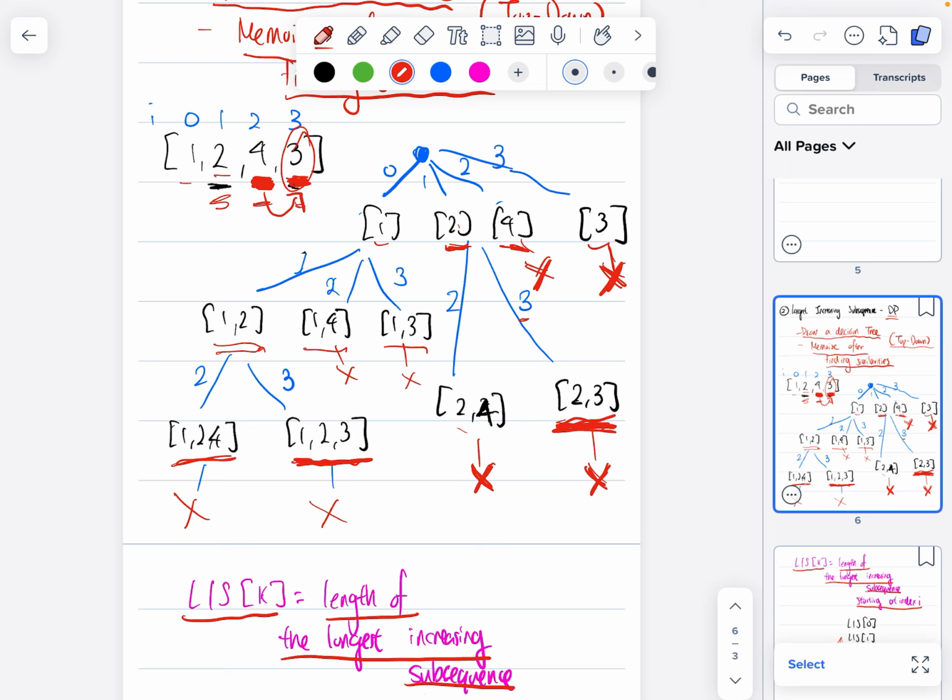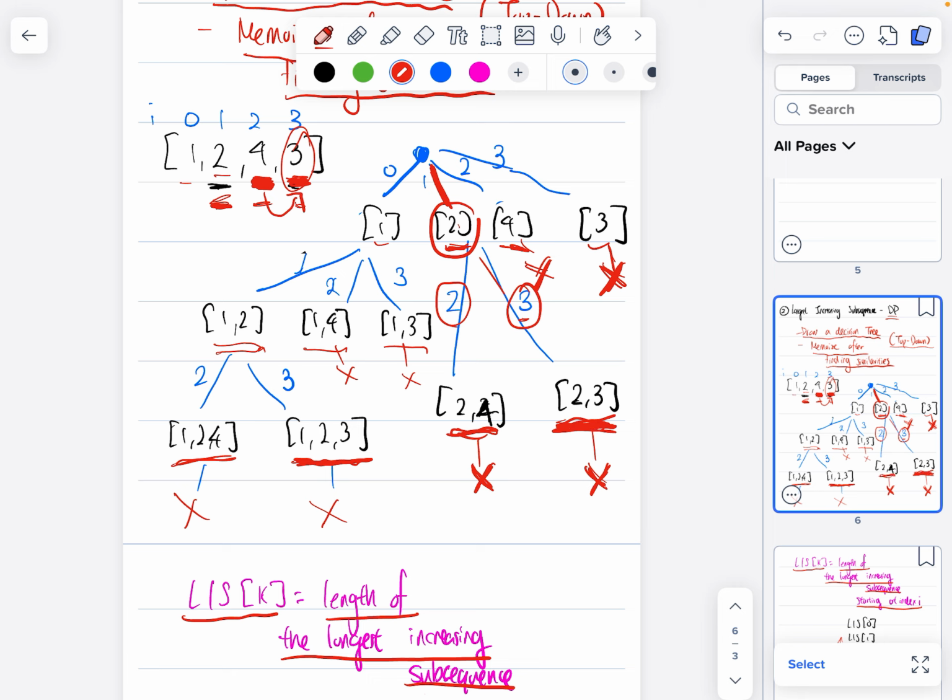Now LIS of 1: index 1 would be the number 2. If you see here, this is the decision tree, and this is a branch that we want to look at. Starting at 1, we can add index 2 and index 3, so it becomes 2, 4, and then 2, 3.